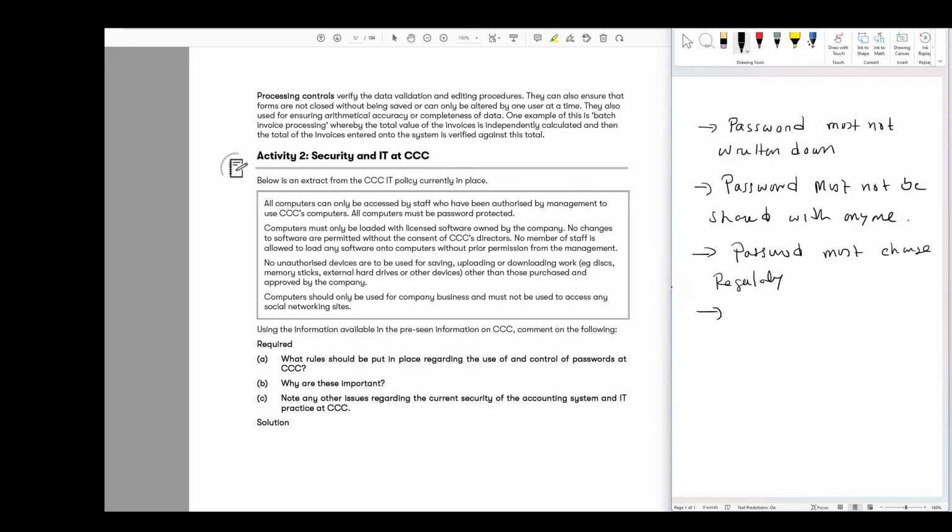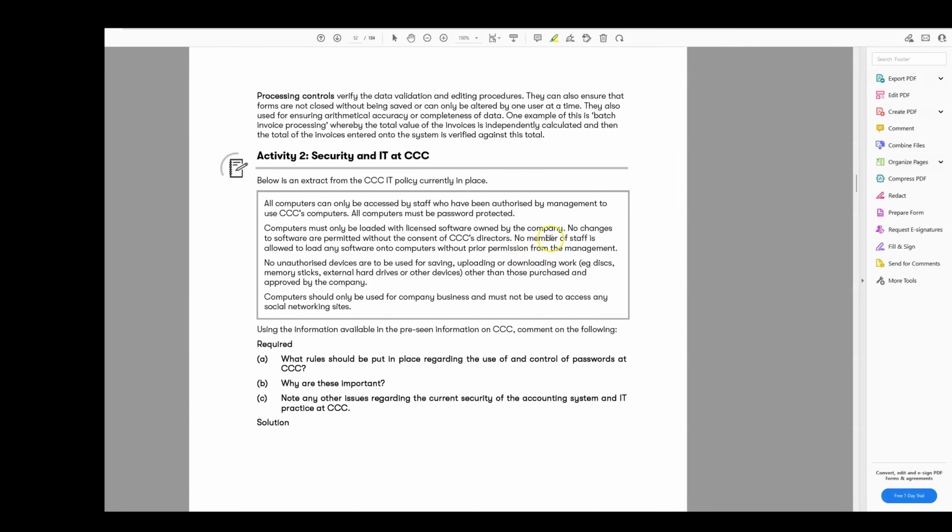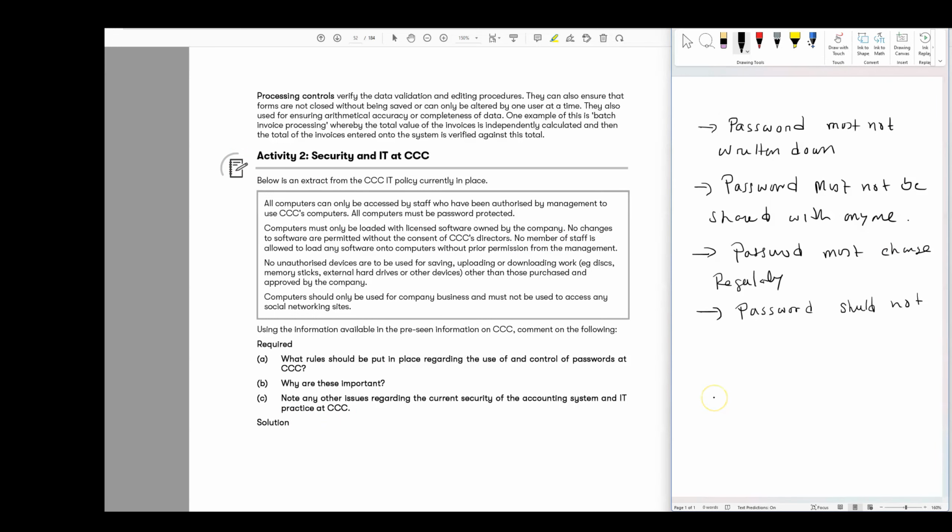For example, you cannot keep a common password like gold or silver that everyone uses. Passwords should not be generic.